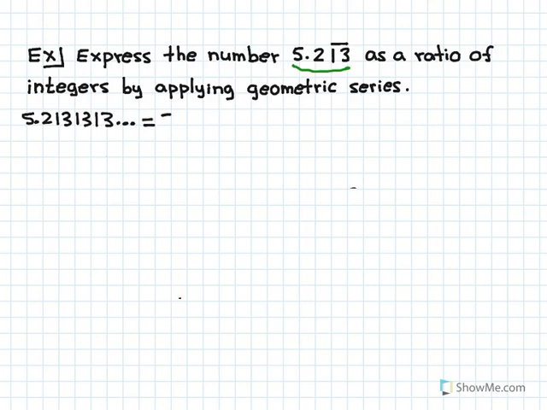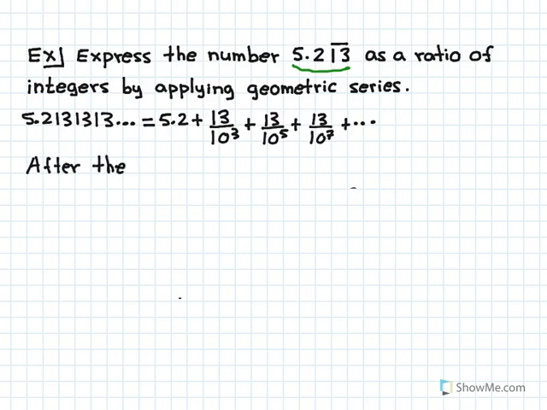This is equal to 5.2 plus 13 divided by 10 cubed, that's 1,000, plus 13 divided by 10 to the 5, plus 13 divided by 10 to the 7, plus ... Now, after the first term, which is 5.2, we have a geometric series.